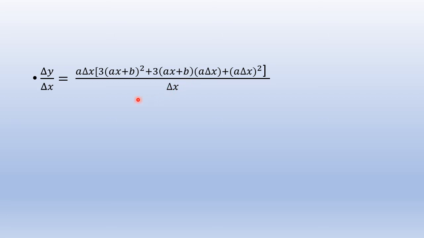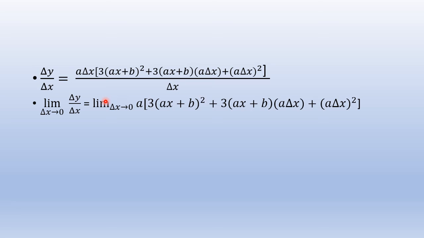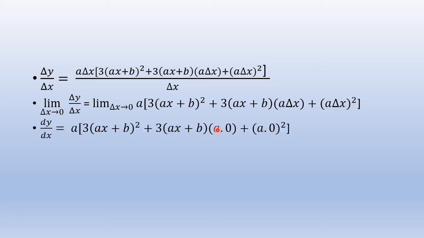And next step, we are going to apply the limit. You can see del x has been cancelled and we apply the limit when del x tends to 0 on both sides. This limit is called dy by dx. And here we are going to put the value of del x equal to 0. This is 0, this will be 0. Here it is.